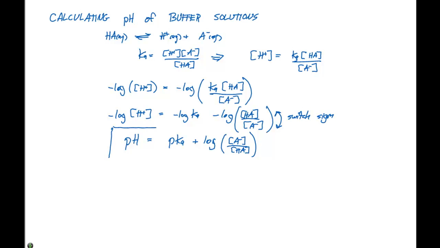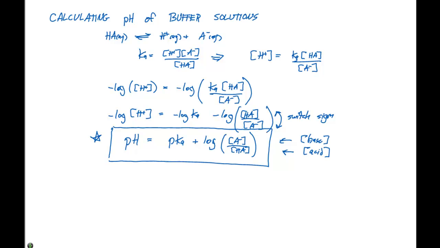And this equation right here is a very famous equation involving buffer solutions called the Henderson-Hasselbalch equation. The Henderson-Hasselbalch equation allows us to calculate pH changes involving buffer solutions. In this equation, A minus can be represented as the concentration of the base divided by the concentration of the acid.